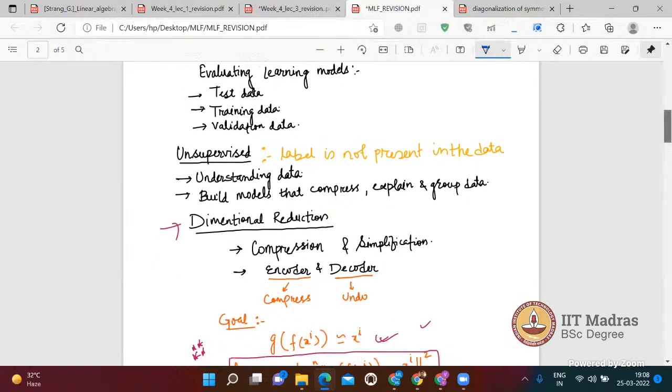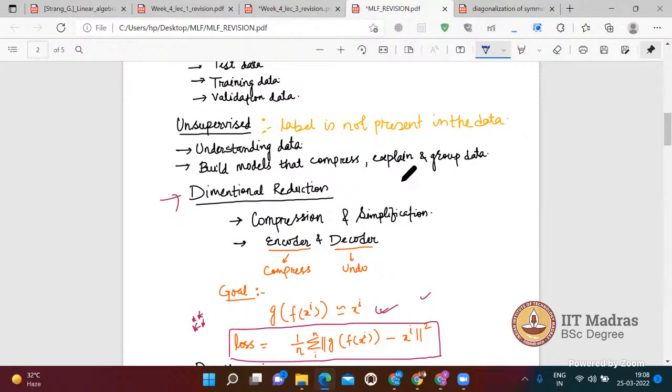Okay, and then we'll come to unsupervised learning. In unsupervised learning, we generally don't have the labels, the final outcome; we just have the data set.